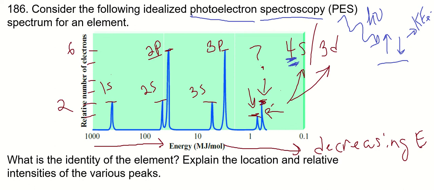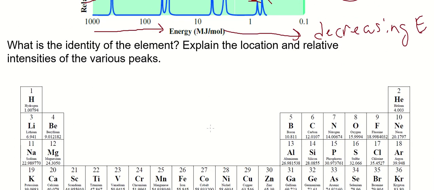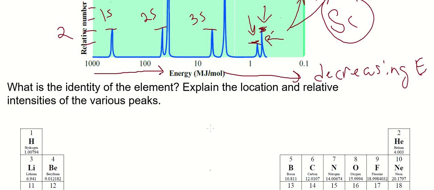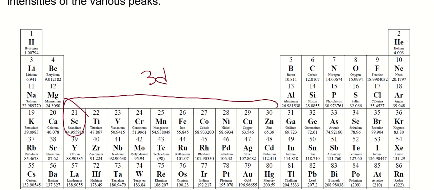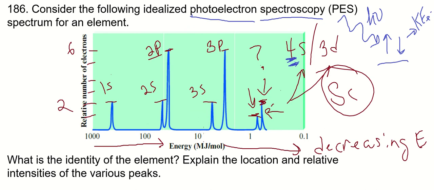And then your 3d electrons are coming out. So this is going to be scandium, because that element ends in 3d1. Here's your 3d block. This is the first. It's 21. You can count these electrons. There's your answer, scandium.